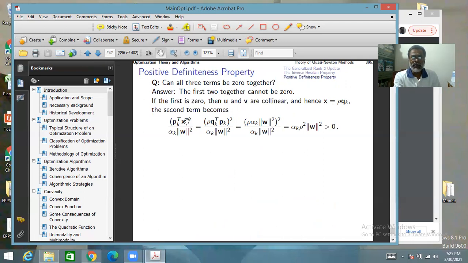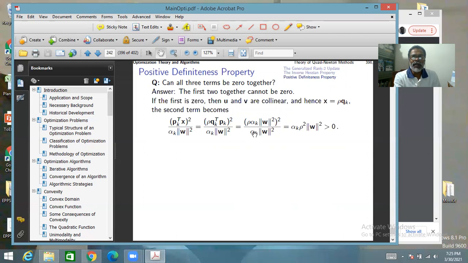But then the second term, which is this, will have, in place of x, rho times qk. So this will become rho times pk transpose qk, which is the same as rho times qk transpose pk. And qk transpose pk is alpha k |w|². Put that here, and then simplify.